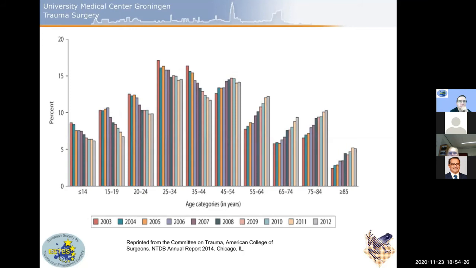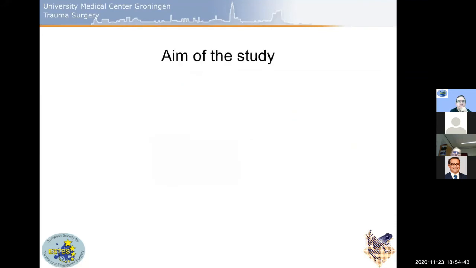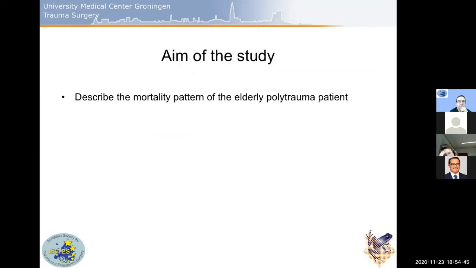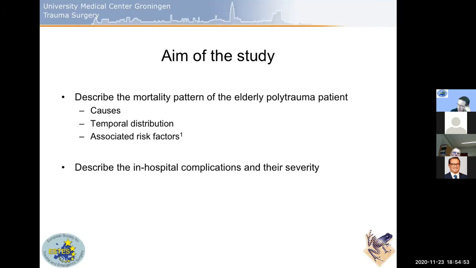This is from the Committee on Trauma from the American College of Surgeons. And here you can see the younger patients, the amount of polytrauma is decreasing, and in the older patients, it's increasing. We describe the mortality pattern of the elderly patient, causes, distribution, and associated risk factors, and the in-hospital complications.